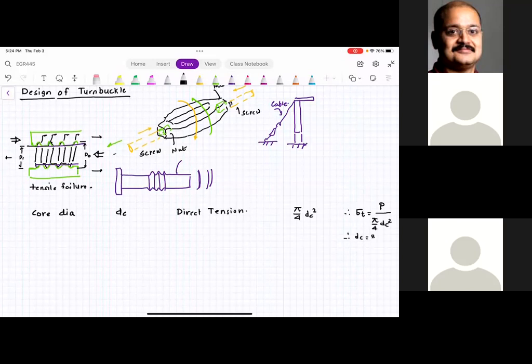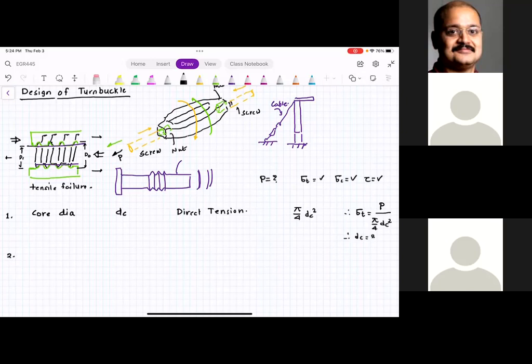In turnbuckle design, they will give you the value of P. P is known. Sigma T will be given. Sigma C will be given. Tau will be given. So first and foremost, we have to find out the core diameter using the direct tension. That is step 1.